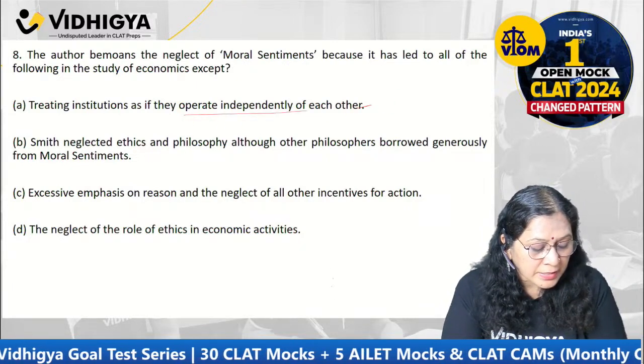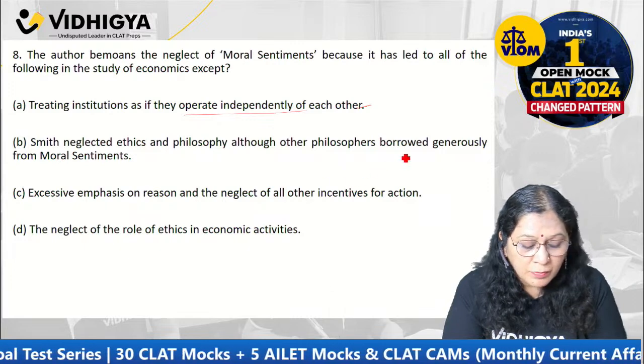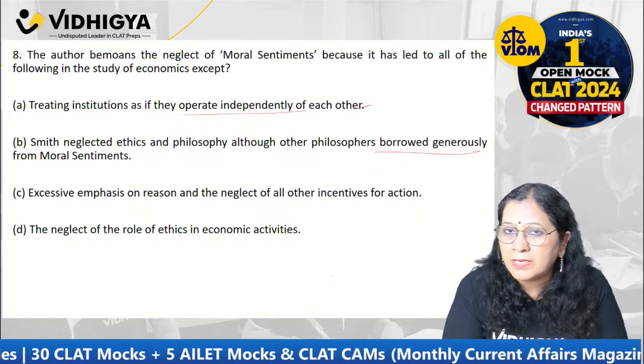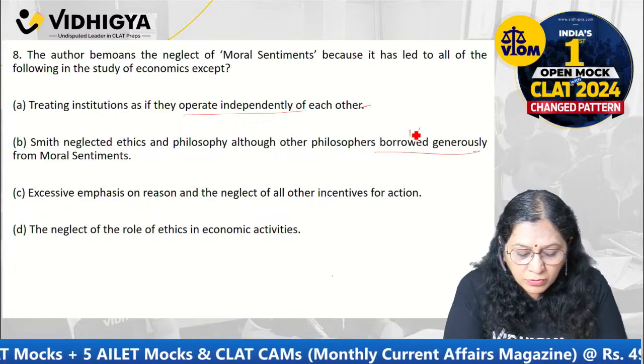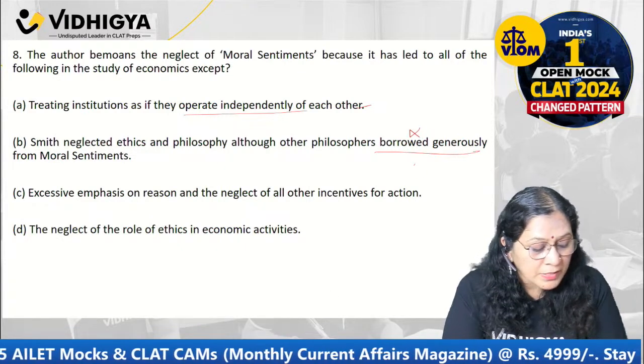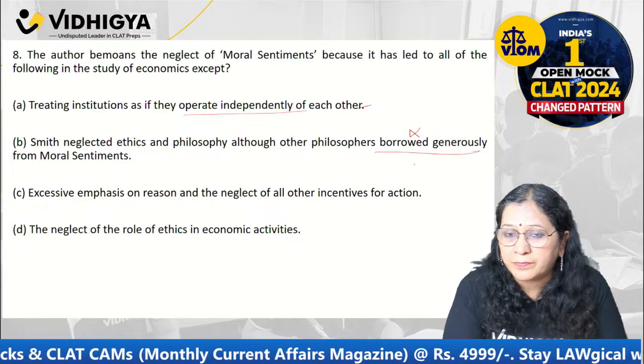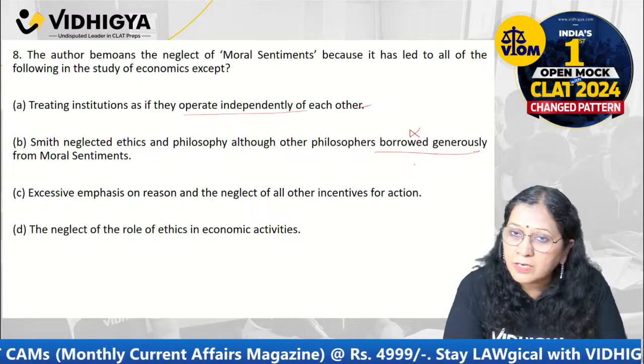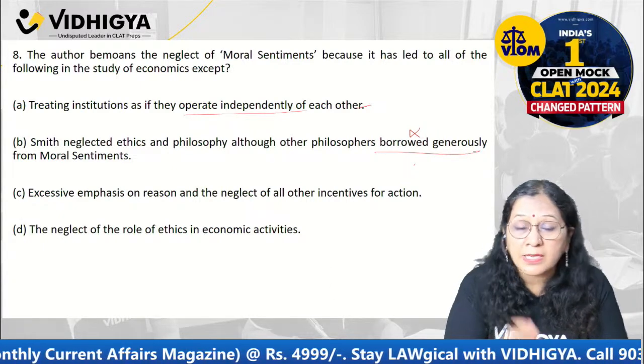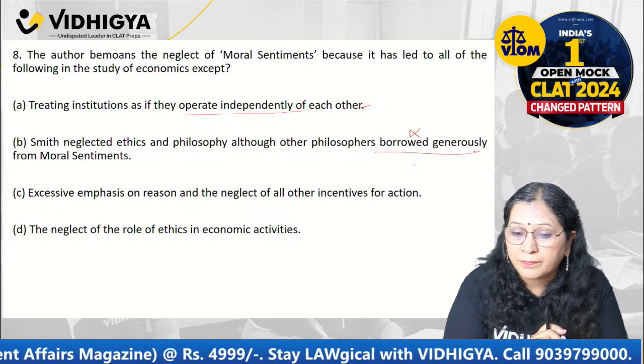Smith neglected ethics and philosophy, although other philosophers borrowed generously, but then they were neglecting it. So, this is incorrect. Now, if this is incorrect, and we are very sure of it, because we just read that they did not read moral sentiments. Eclipse word आ गया था first paragraph में. ठीक है?